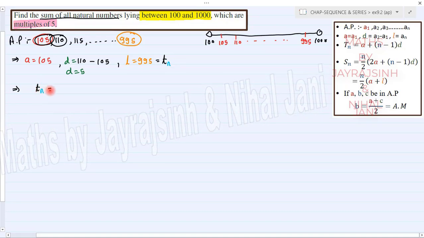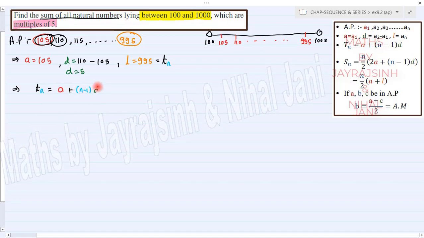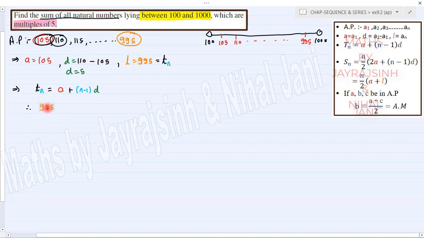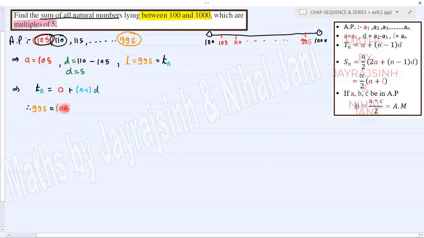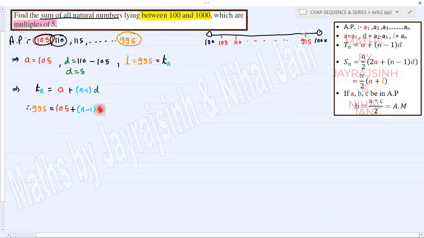Your Tn is actually a plus (n minus 1)d, where your Tn is 995 and the first term is 105, n is unknown, and the common difference is 5.